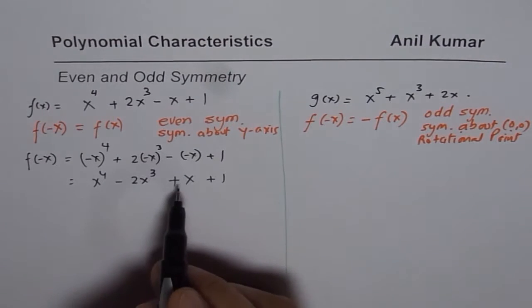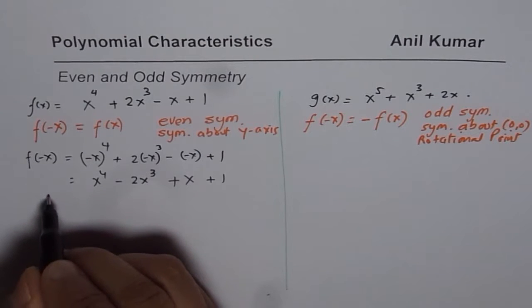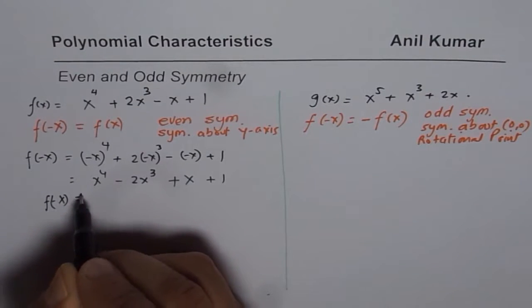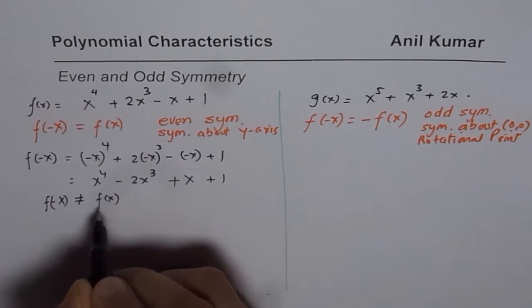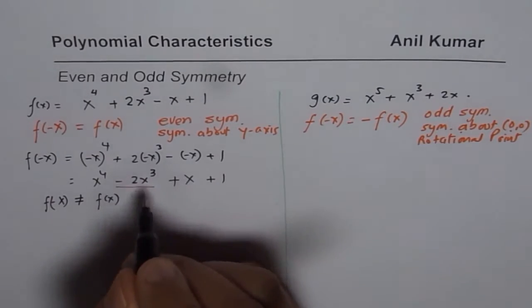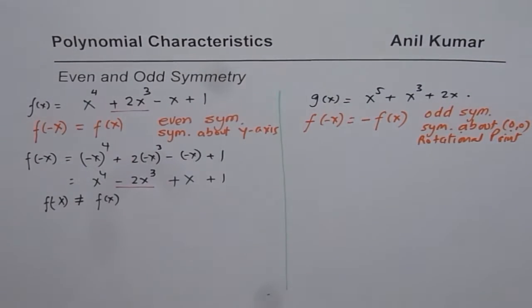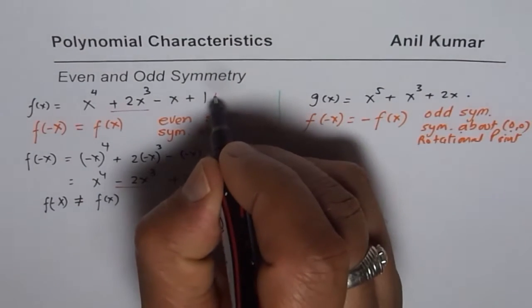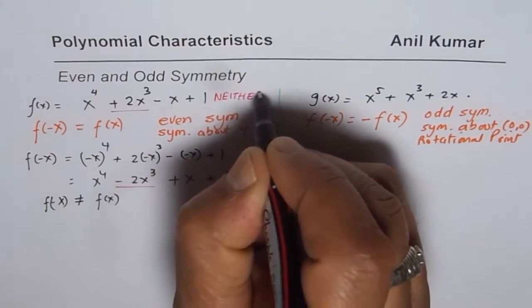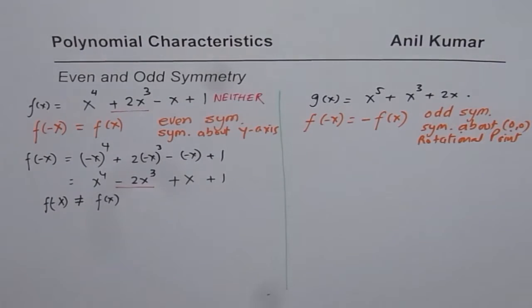You can clearly see that f of minus x is not equal to f of x, right? Since we have a term which is not matching. Do you see this term? It is not matching. So the given function is neither. It is not an even function.